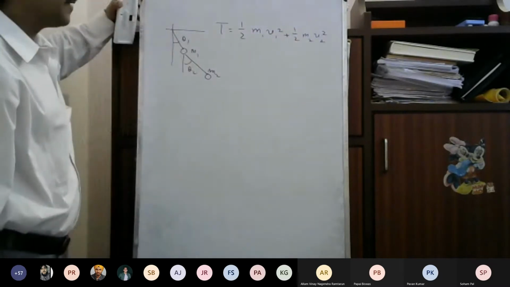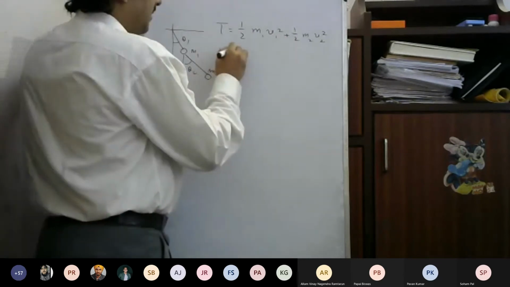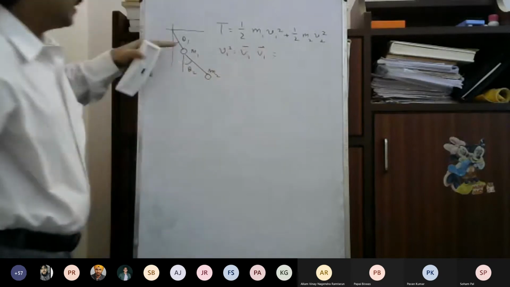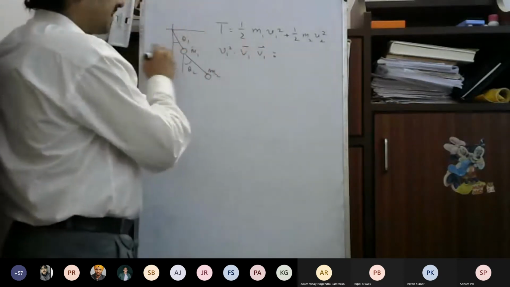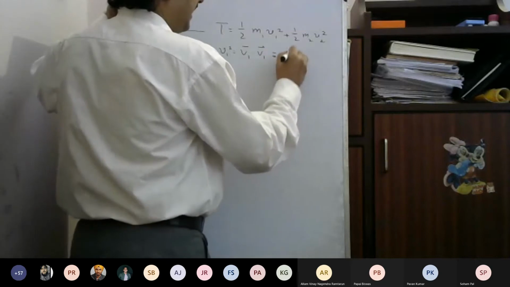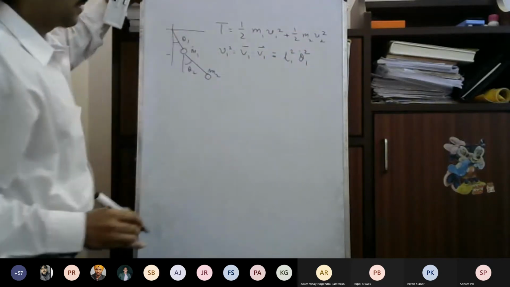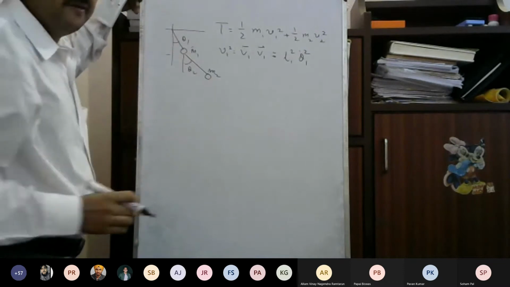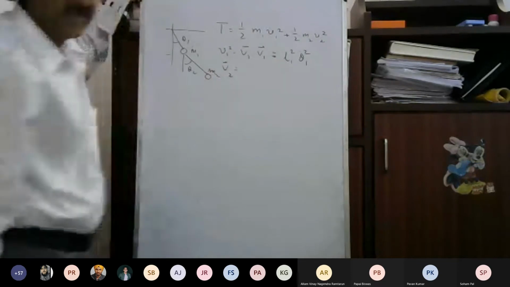plus half m2 v2 square. So v1 square will be equal to v1 dot v1, and because it is moving in a circular motion, this will be L1 square theta1 dot square. What will be v2 square? It will be easy to obtain v2 as a vector first.